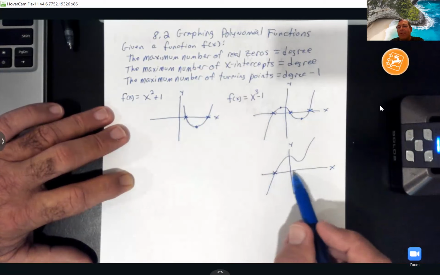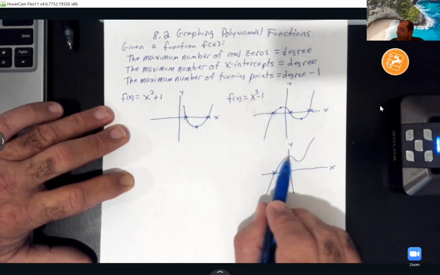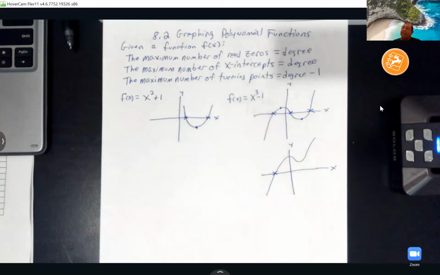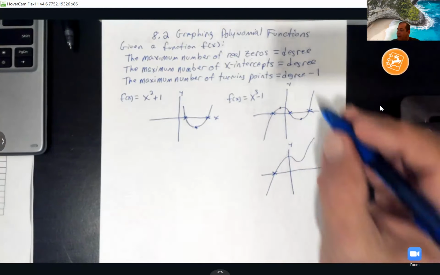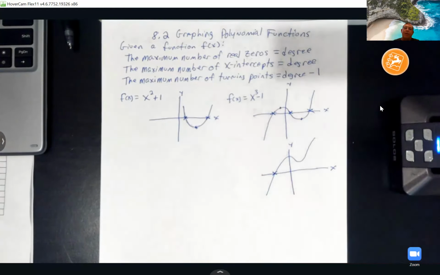It don't have to cross the x-axis all 3 times, okay? But look, it still has what? 2 turns on it as the max. So as these exponents get bigger and bigger, you're going to have a lot of crazy stuff happening, but this is the maximum that these things can happen. So let's go to 8.2 homework and see what we do with that.